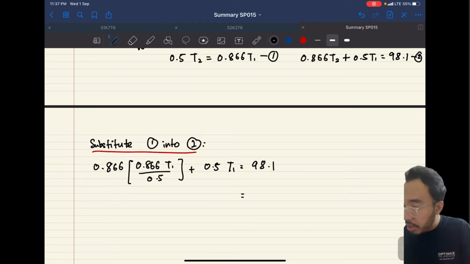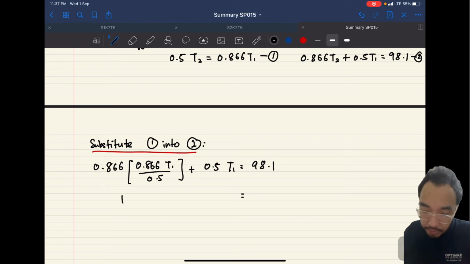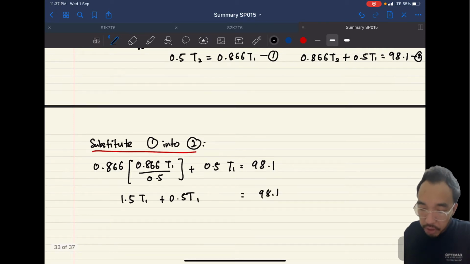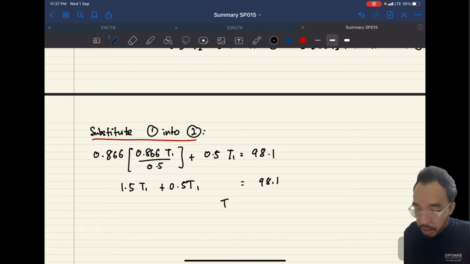I hope I got it correct. So I got here 1.499, I round it off to 1.5 T1. So basically I have 2 T1. So my T1 now becomes 98.1 divided by 2, which is 49.05.